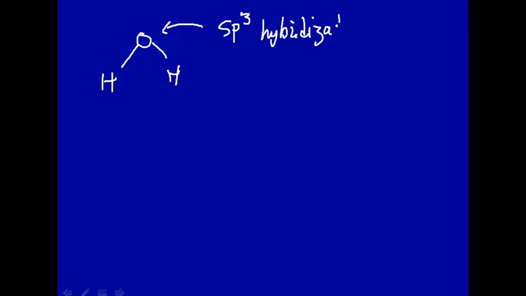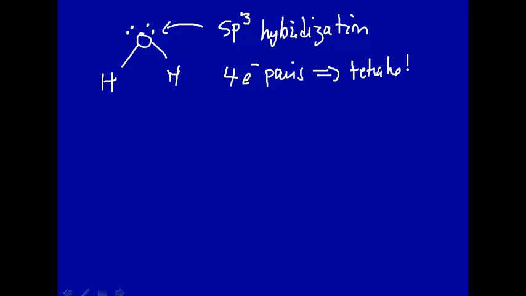Why is that? Well, what you have to do is you have to get the structure. So if we draw these non-bonding pairs of electrons here, there's 1, 2, 3, 4. There's 4 electron pairs. And by the valence shell electron repulsion model, this means you have tetrahedral structure, where this pair of electrons, that pair, that pair, and that pair point to the corners of a tetrahedron.